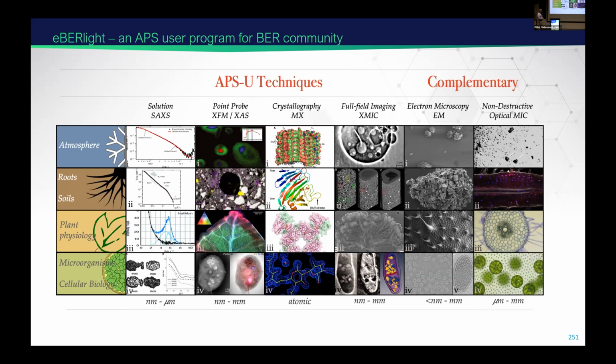And it was mentioned before, by Olga and others, that we have capabilities of sampling different environments, so atmosphere, root, plant, microorganisms, as well as looking at different scales. This is very similar to what was said in the previous talks.